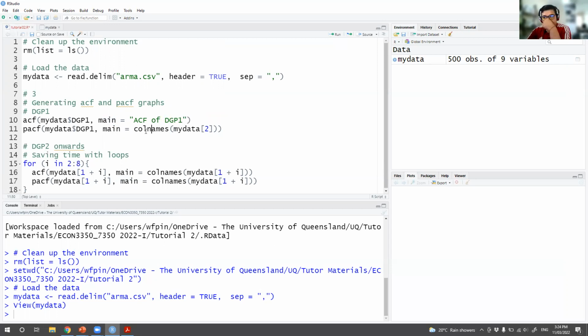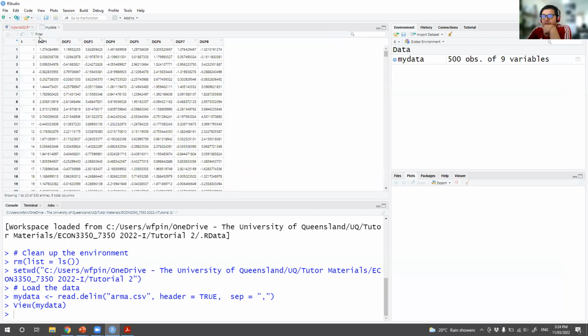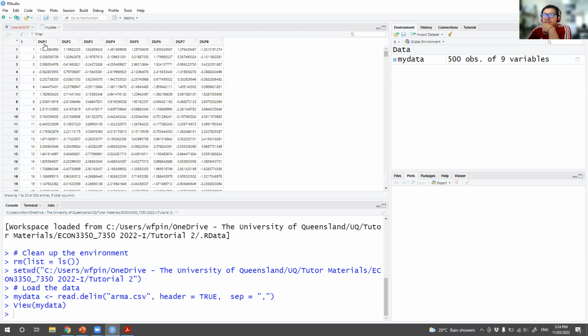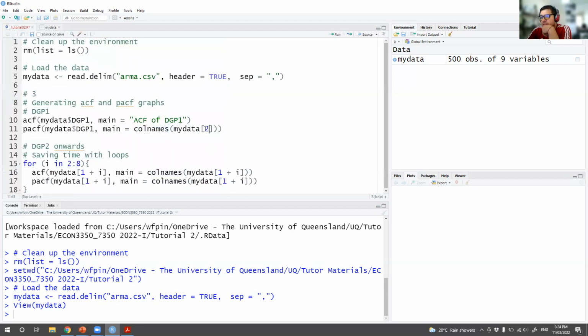Or you can use colnames, so it will grab whatever column name it has for this particular column. Data generating process 2 is the second column, that's why I'm selecting the number 2 here. Whatever way, the important bit is that you can notice the differences of the graphs. It's not just the same axis and the same title, so you don't know what's what, right?